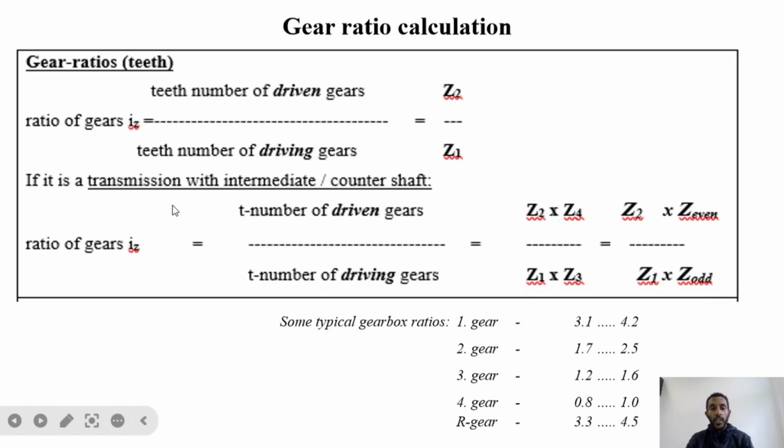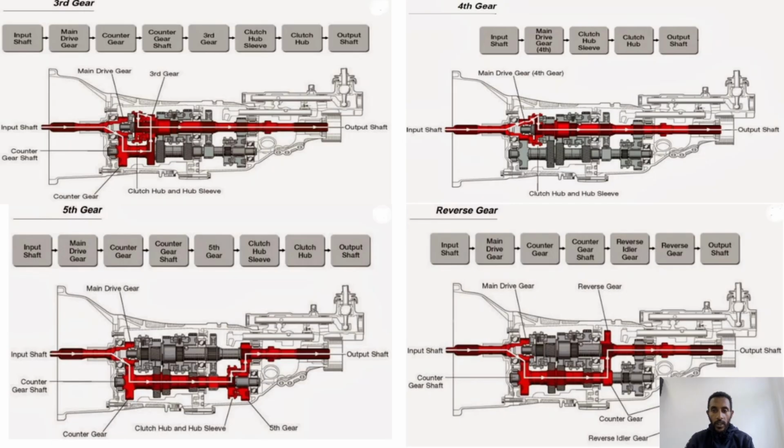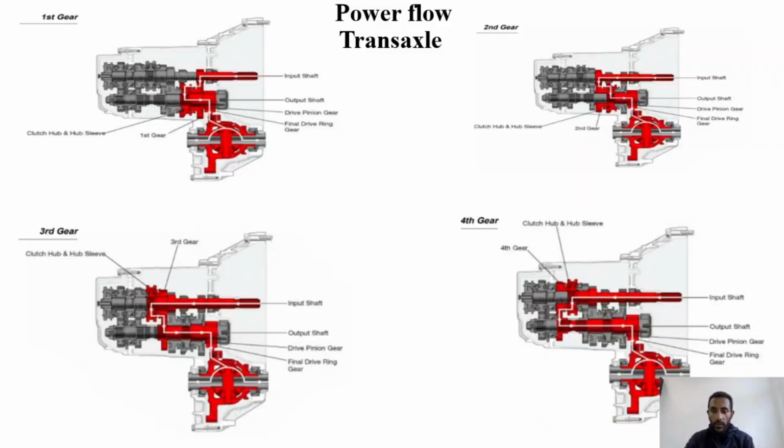If the transmission is equipped with an intermediate or counter shaft, we have a different calculation. For example, the ratio of the gear is the total number of driven gears divided by the total number of driving gears.